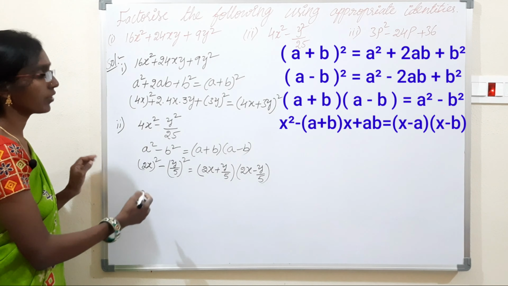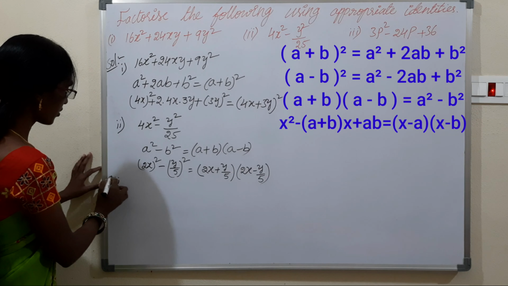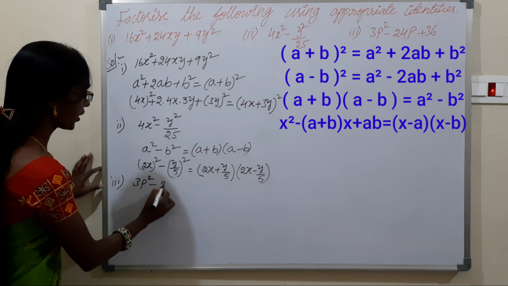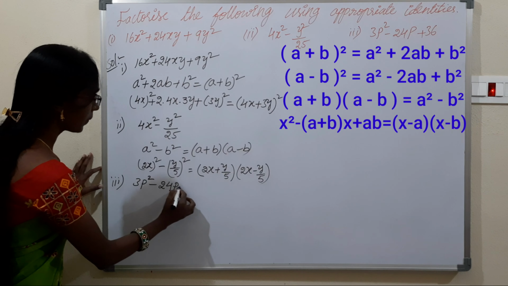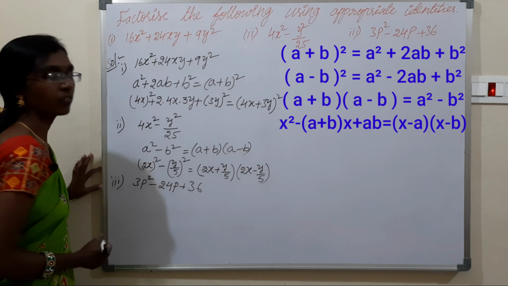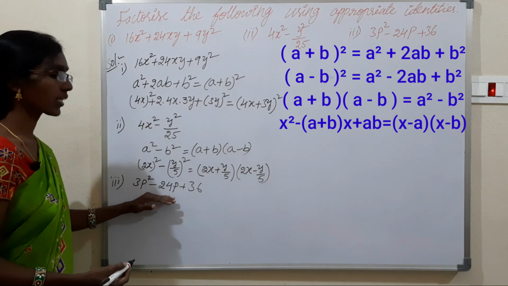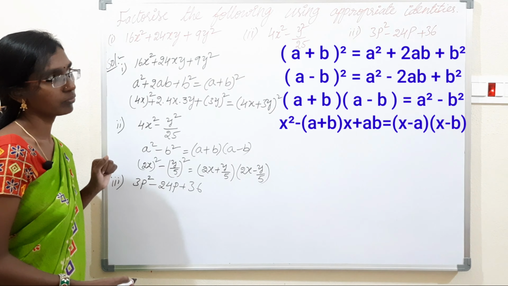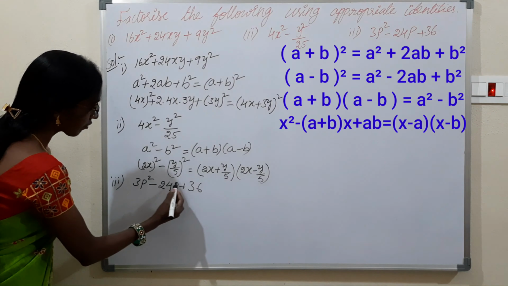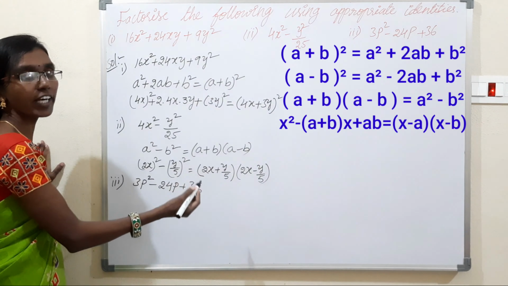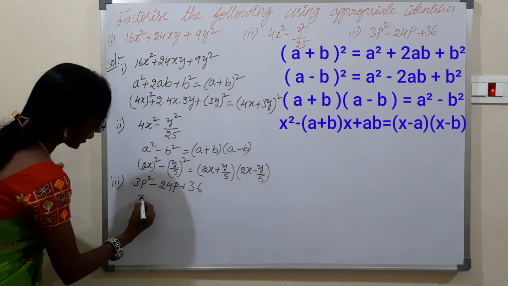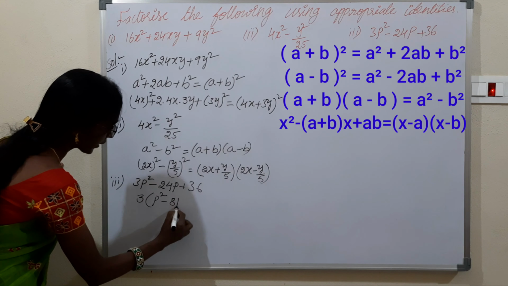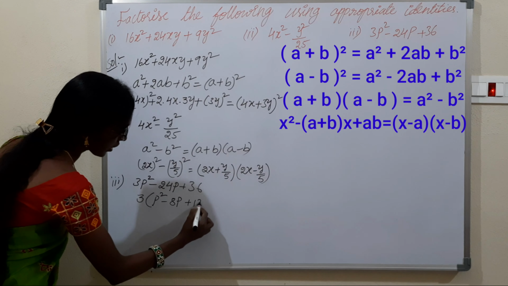Let us solve the third one. That is 3p square minus 24p plus 36. Now check whether the given polynomial is in the form of any identity. No. Then we have to convert this into the form of an identity. So I am taking 3 common. 3 into p square minus 8p plus 12.